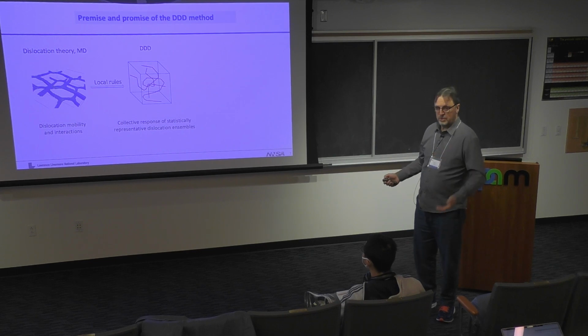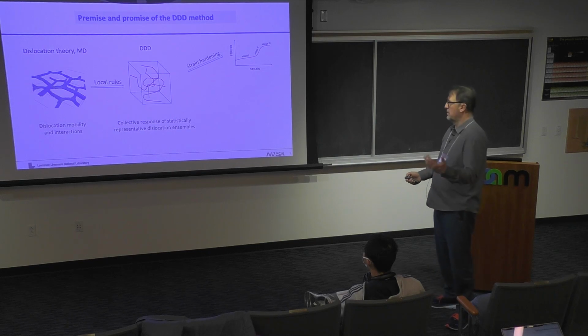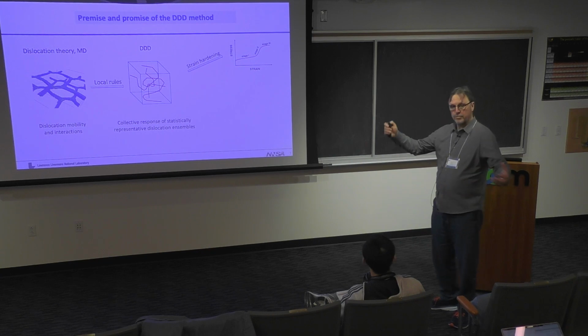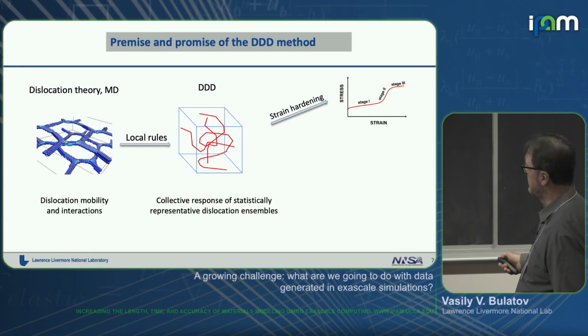And then you expect that you can predict some almost macroscopic behaviors, and some of the most interesting ones have been discussed over the years. I come back to that. One is strain hardening, where when you deform a crystal, it becomes stronger and stronger, or hardens, and sometimes it happens in various stages, not very monotonically.